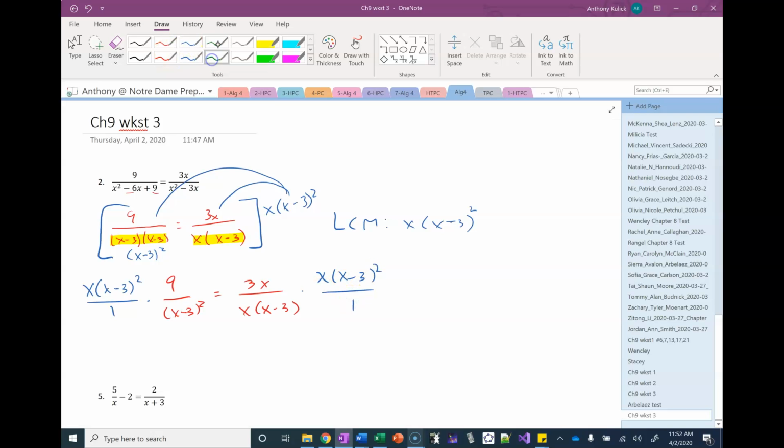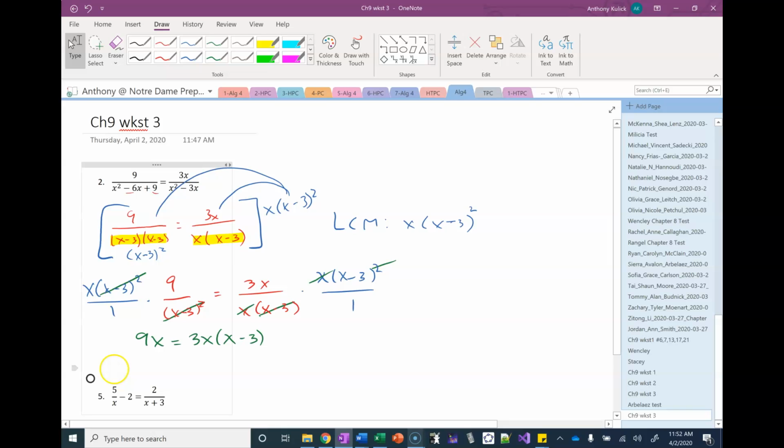And I'm going to reduce. So x minus 3 squared will cancel with x minus 3 squared, the x will cancel with the x, and one of these x minus 3's will cancel with one of those x minus 3's. So what I'm left with now is 9x equals 3x times x minus 3.